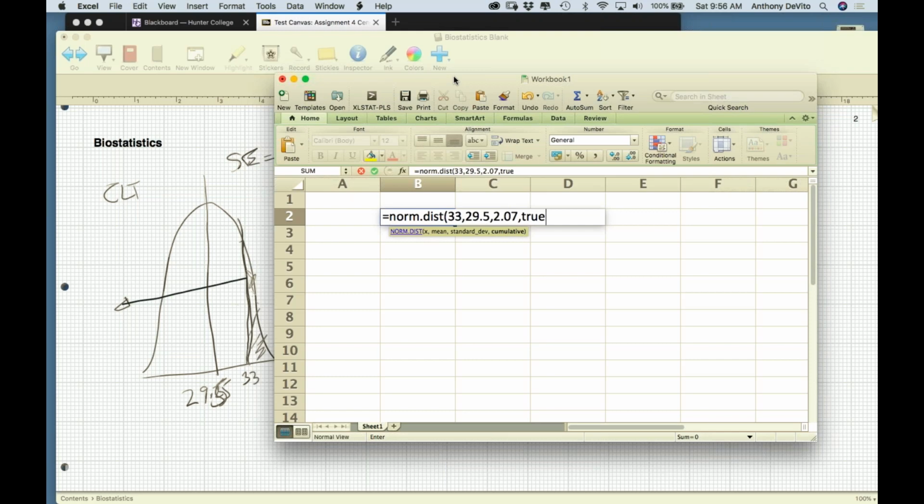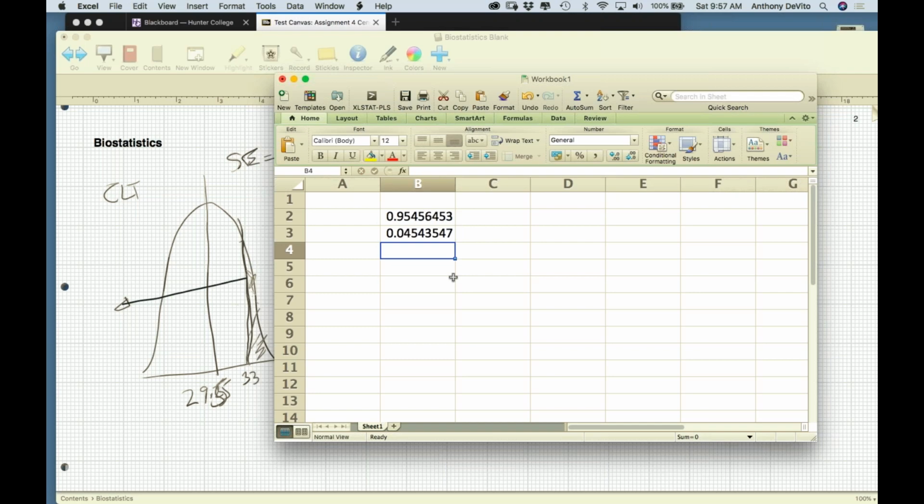So it really doesn't make any sense to use false for this function. Always use true, and it comes out to be 0.9545. Again, nice thing about Excel is I can say equals 1 minus this value and get our answer of 0.045, about 4.5%.